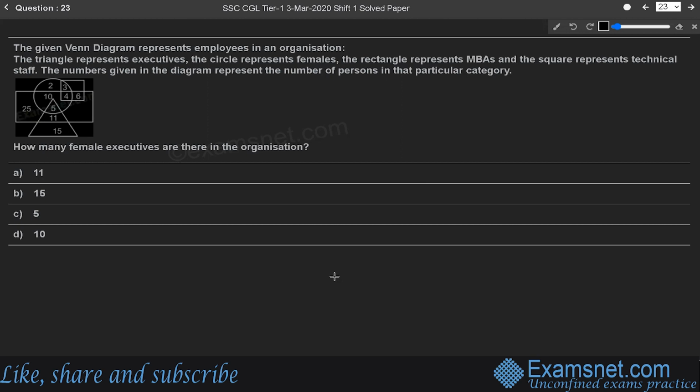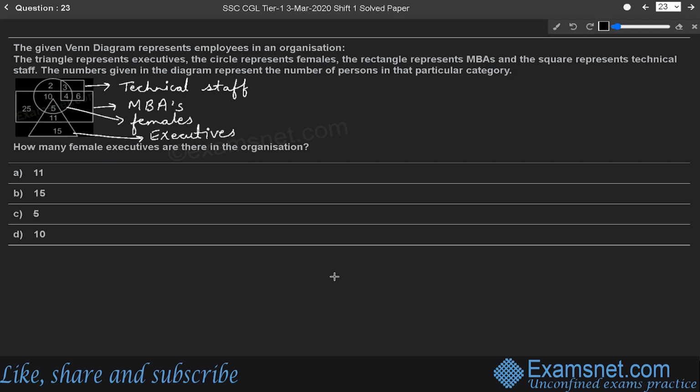So here square consists of technical staff. Rectangle consists of MBAs. Circle consists of females. And triangle consists of executives.